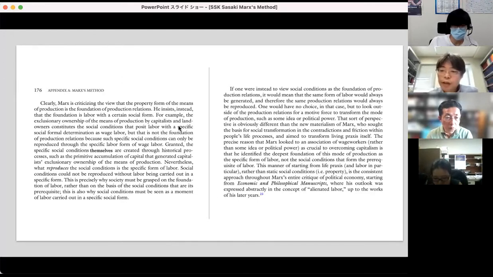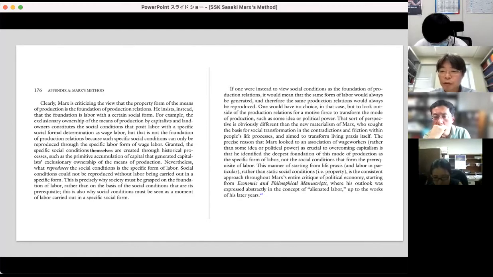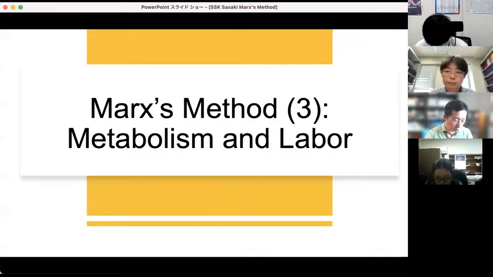This manner of starting from life praxis and labor in particular, rather than static social condition, i.e. property, is a consistent approach throughout Marx's entire critique of political economy, starting from the Economic and Philosophical Manuscripts, where his outlook was expressed abstractly in the concept of alienated labor, up to the works of his later years.